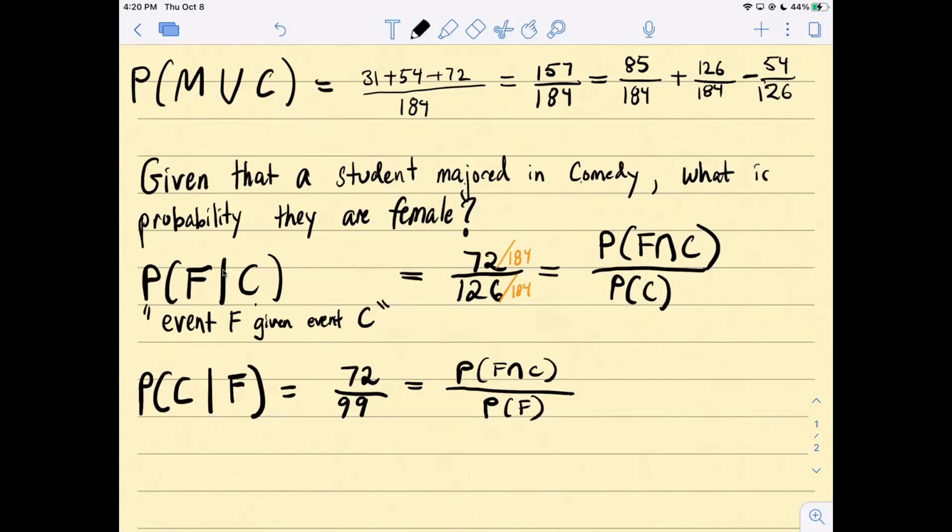Very good. All right. So that's pretty much the foundational building block of conditional probability. With the notation, it can sometimes get a little bit confusing, and you start to get used to it.